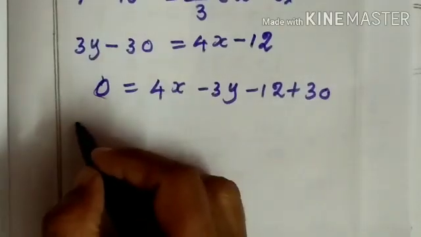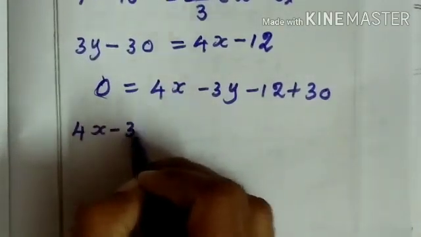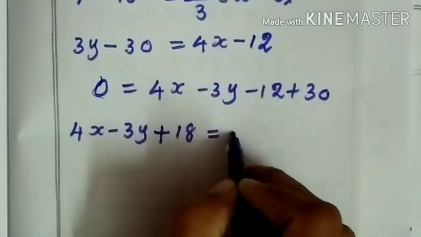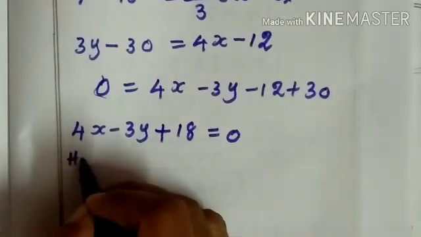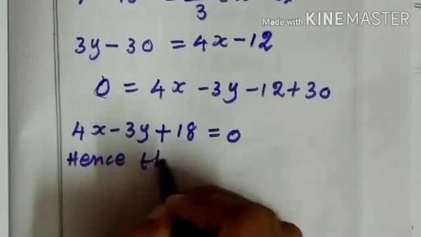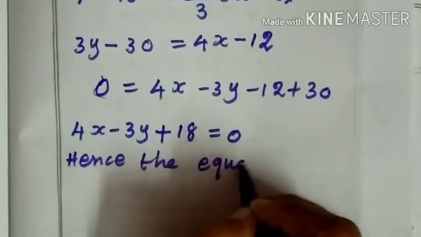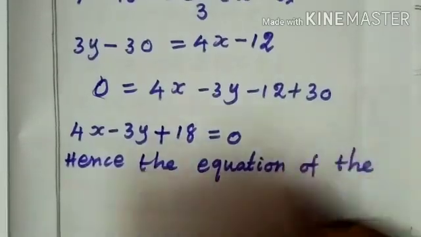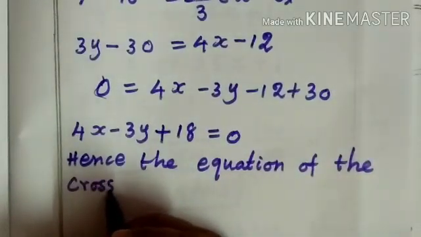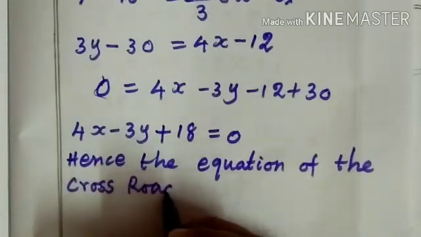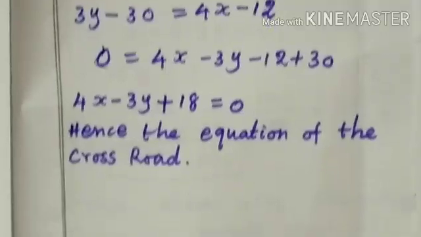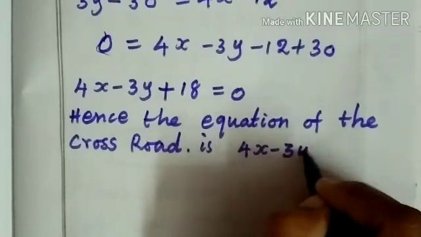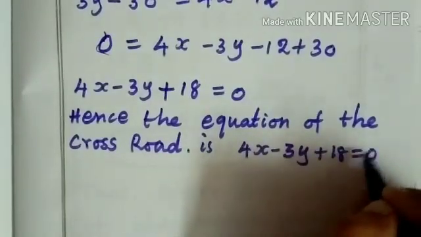Therefore, the equation is 4x minus 3y minus 12 plus 30, 18 is equal to 0. Hence, the equation of the crossroad is 4x minus 3y plus 18 is equal to 0.